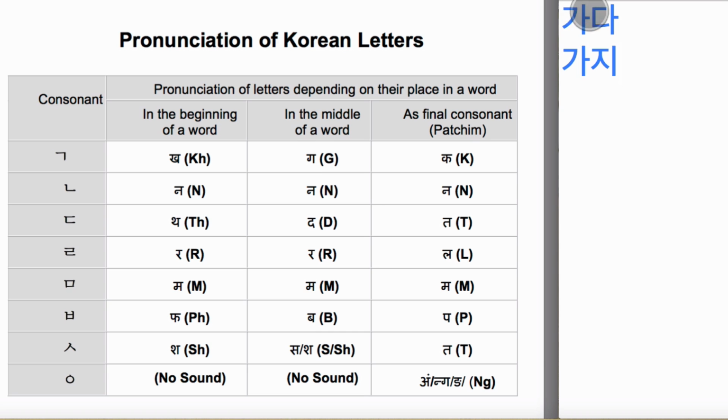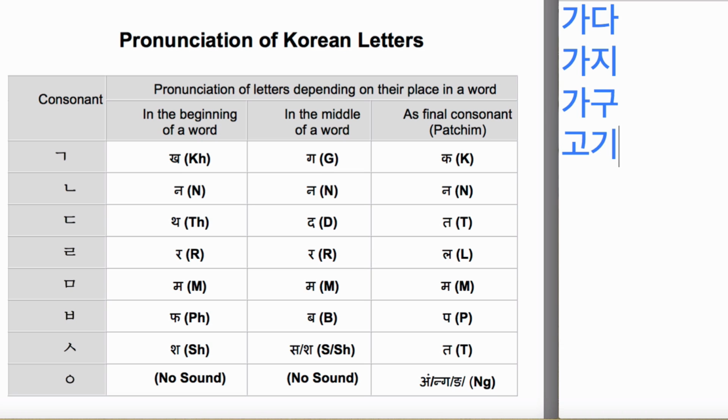So we see that the pronunciation is K, but when it appears in the middle of a word, it is pronounced as G. So let's take a word, Khagu. So if you see here, the first Kkeok is being pronounced as K, while the second one is being pronounced as G. So it will be pronounced as Khagu, not Khakhu.